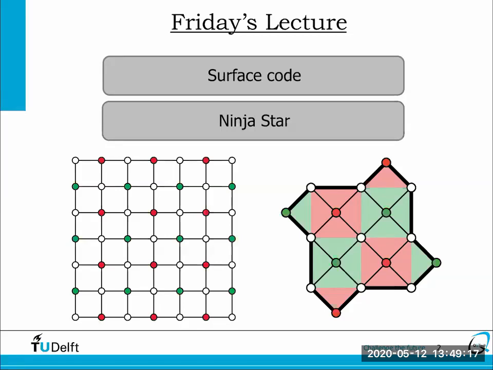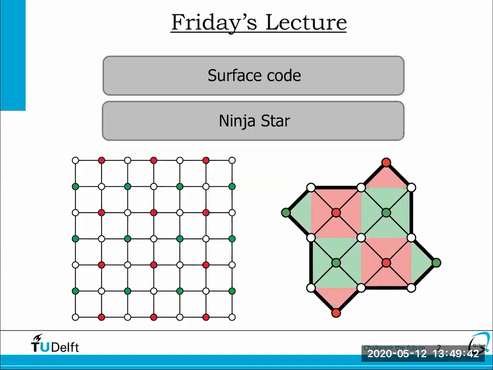Exactly. When we talk about the threshold, we show a graph in which the x-axis is the physical error rate and the y-axis is the logical error rate that you can achieve with that code. When you plot logical error rate versus physical error rate for different distances, the point where they cross defines the threshold of your code, right?